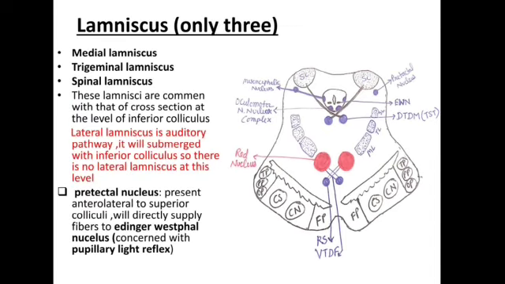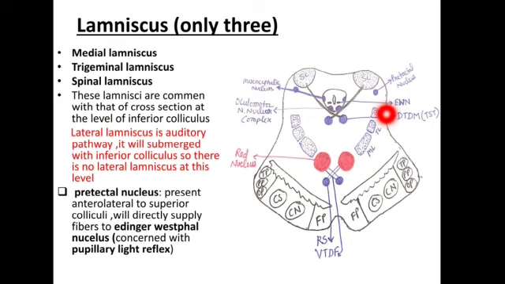Next structures which will be present at the level of superior colliculus are medial lemniscus, trigeminal lemniscus and spinal lemniscus. So lemnisci are only 3 in number. Most medially is medial lemniscus, next to it trigeminal lemniscus, and next to it spinal lemniscus.